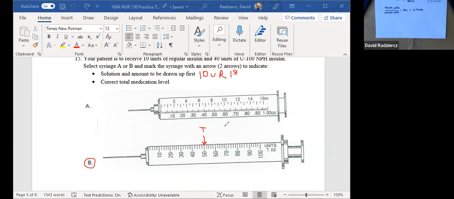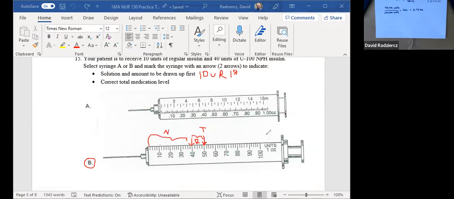And then in order to be compliant with the image that I showed you previously, I make my second arrow here. And then I would indicate that my regular was in this 10 unit frame, and make an additional indication that this is where the NPH was located in this area here.